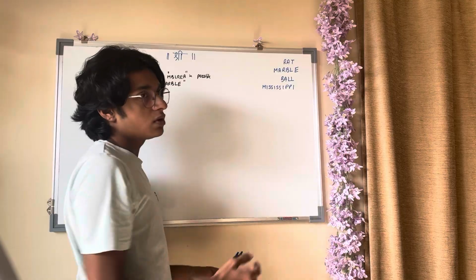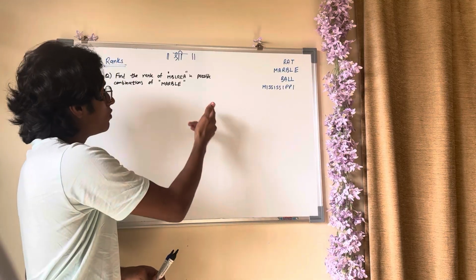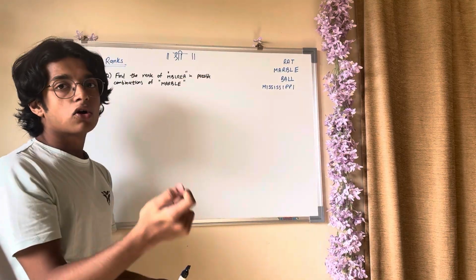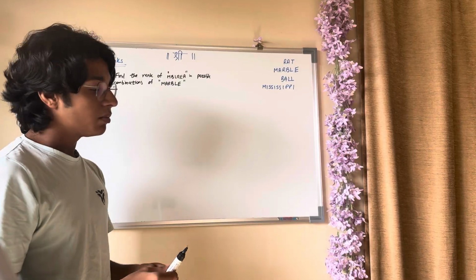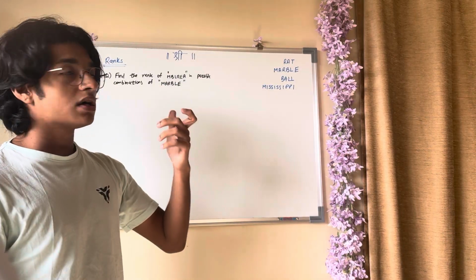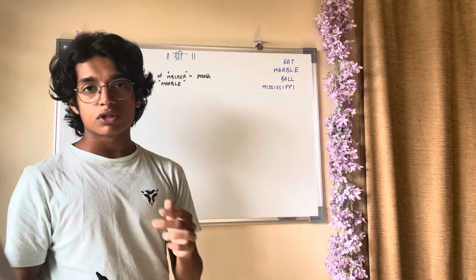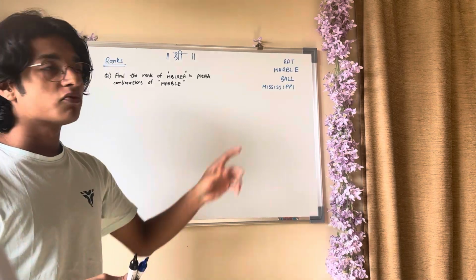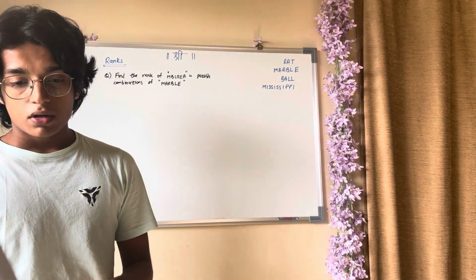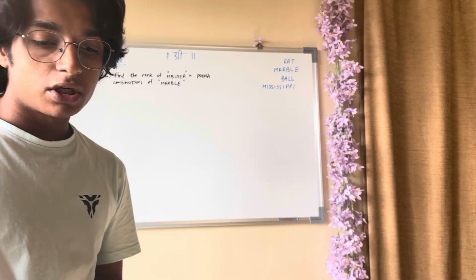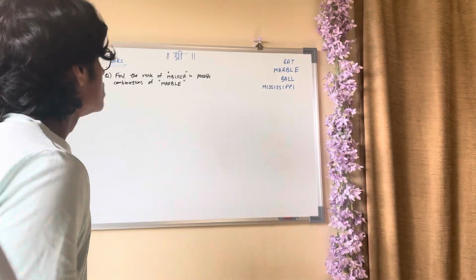Here, since there were only 6 cases, we could count where the word TRA or where the word RTA was. But when there are 6 factorial possible words that can be formed from this word, we have to apply permutation and combination here.